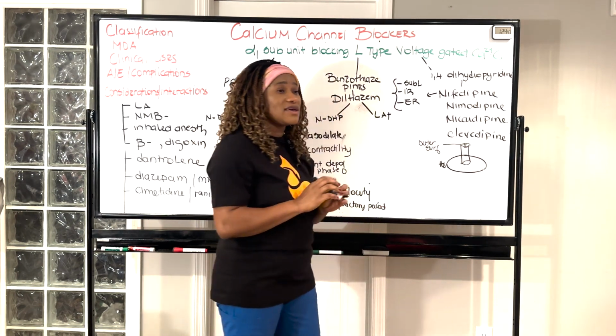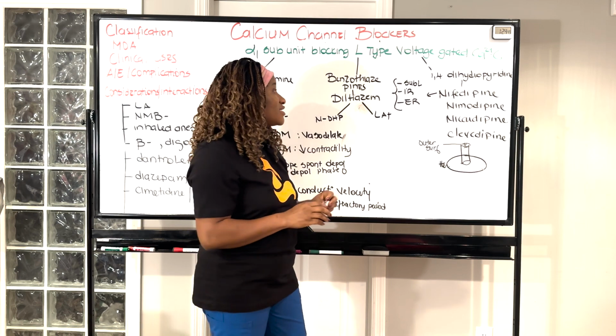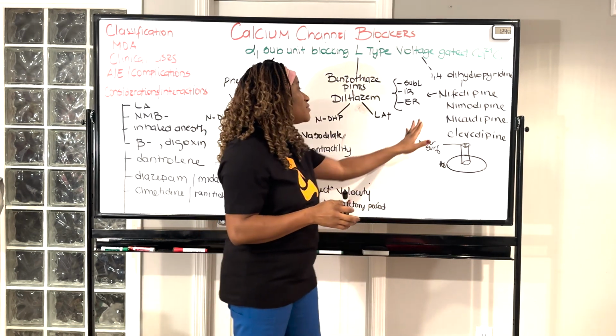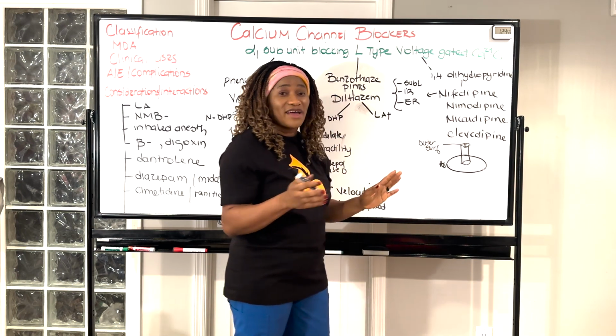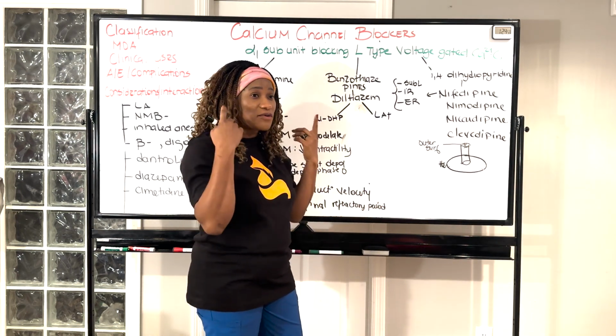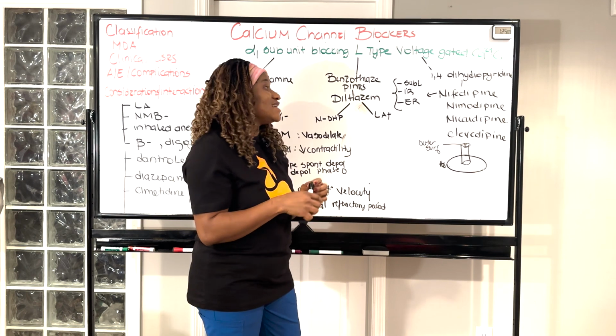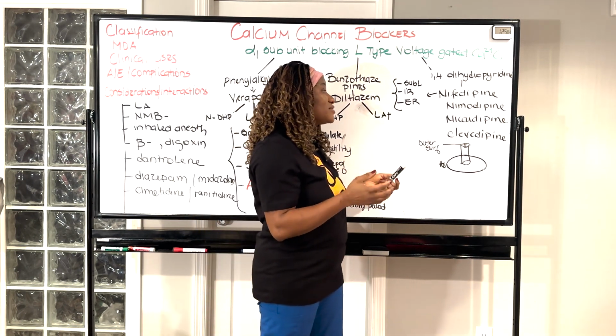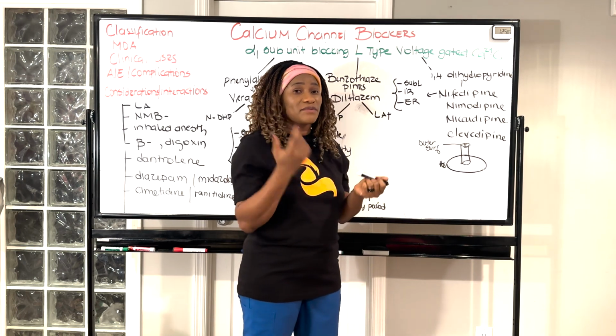Nimodipine, like I said, the dihydropyridines can cross the blood-brain barrier, and nimodipine has a high affinity for the cerebral arteries. It mainly acts there. So if you ever see nimodipine administered, it is for the brain.